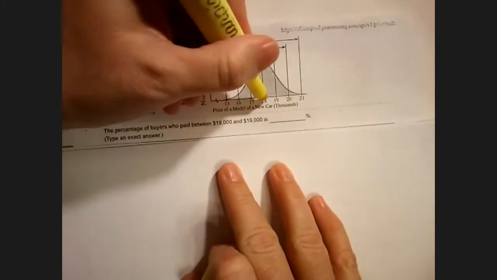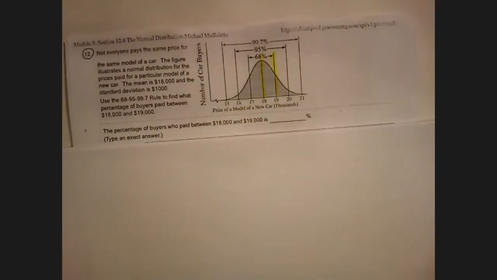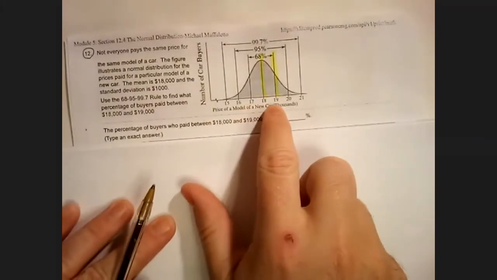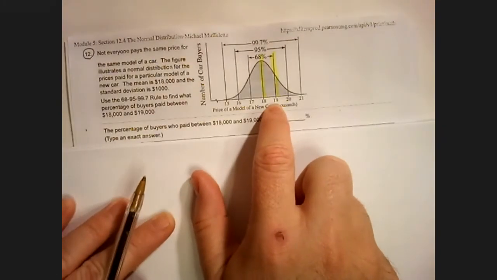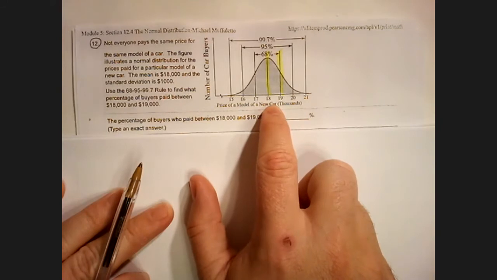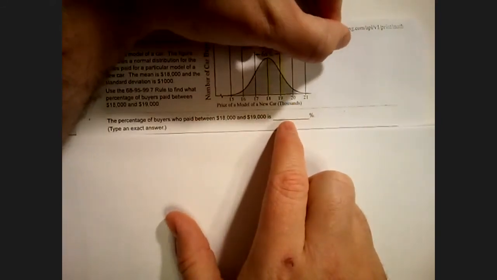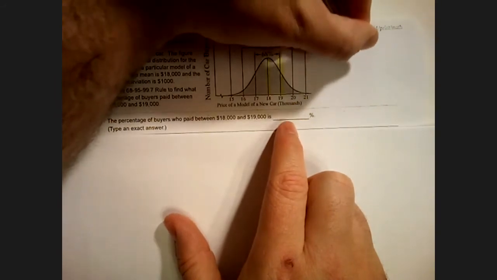I need to now label or highlight 18 and 19. Well, look, 17 to 19 would be 68%, but I'm only taking half of that. So 68 divided by 2 is 34%.